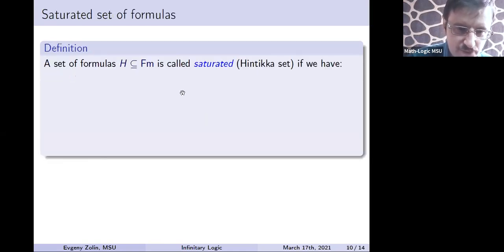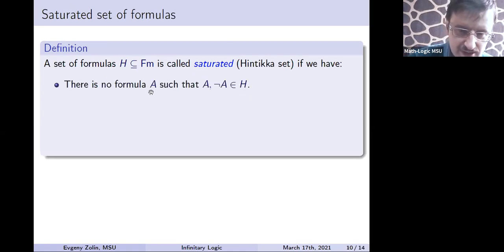A set of formulas is called saturated. It is also called a Hintikka set in the literature. If we have the following conditions: this set is consistent in the following sense, it doesn't have two opposite formulas. There is no formula A for which A and not A are in our set. And then we formulate conditions.